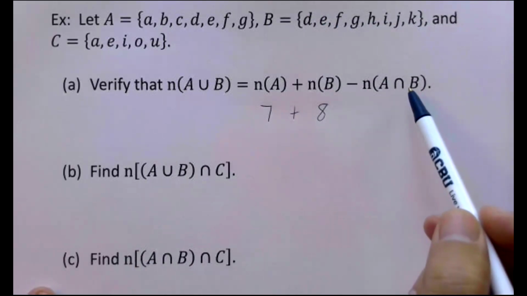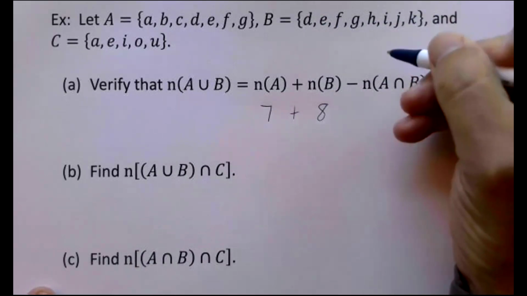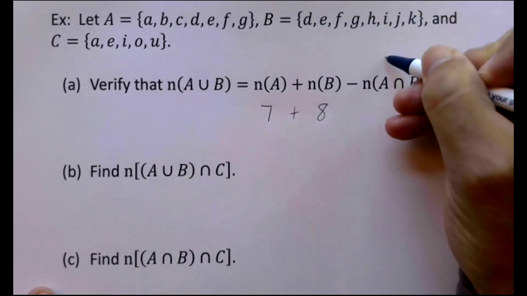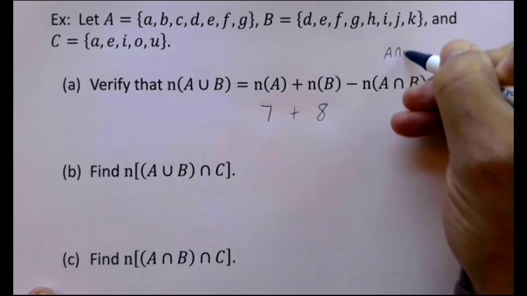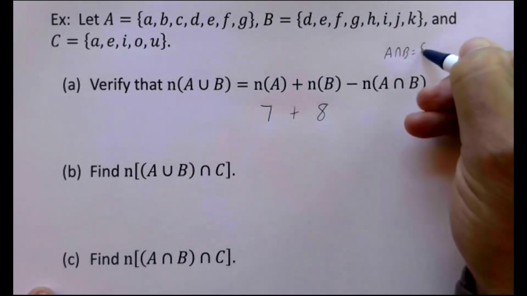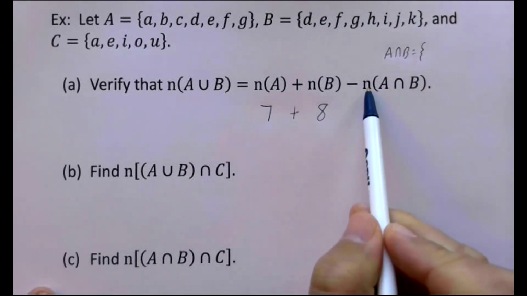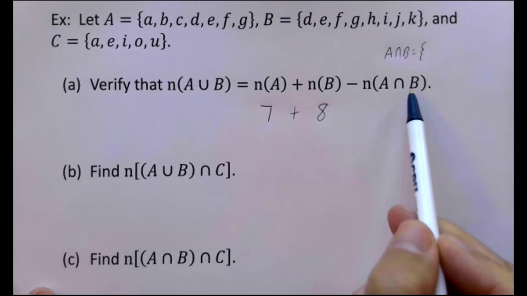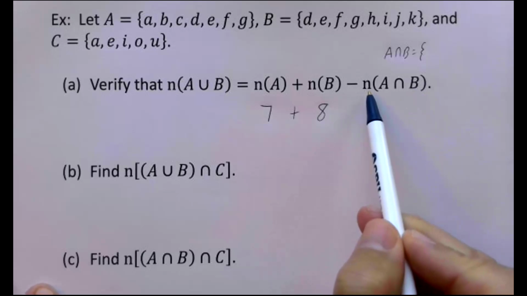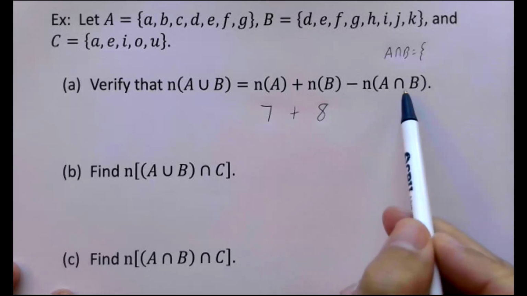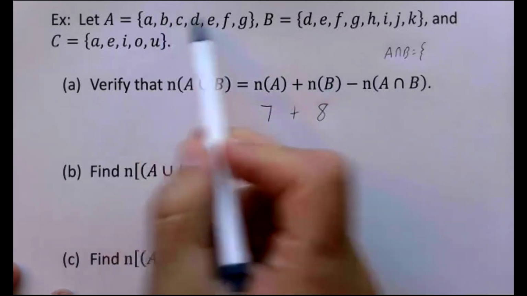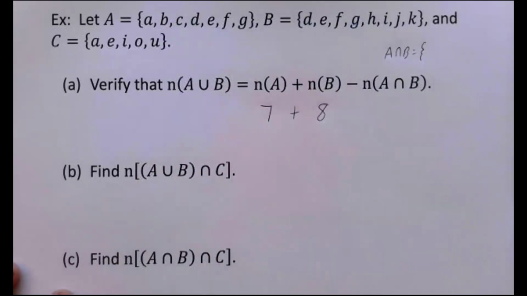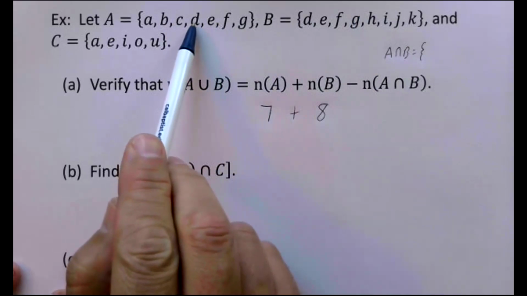Start with the intersection here. What does A intersect B look like? This is referring to the number of elements in A intersect B, but it would be nice to see A intersect B so we could talk about how many elements it has. Remember, A intersect B means where do A and B overlap each other? I think you can tell it's here.